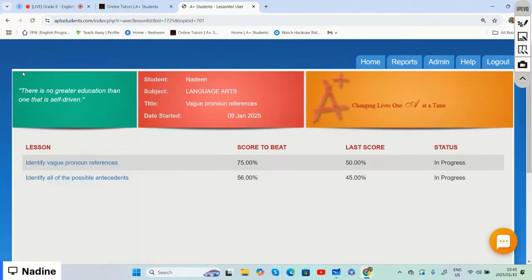All right, so that is the end of our lesson on vague pronoun references. We said a vague pronoun reference is when your pronoun could refer to more than one possible antecedent, right? And then basically the sentence is unclear.